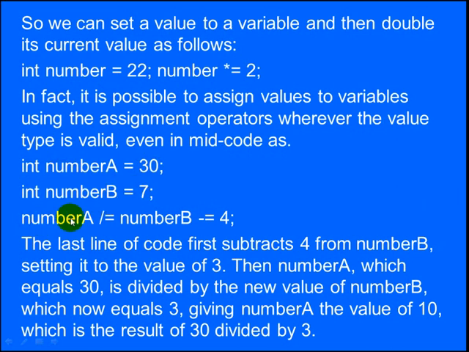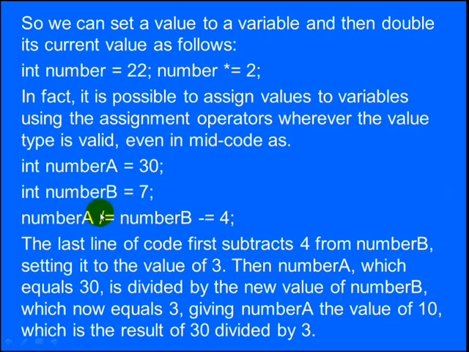Now we are writing number a slash equals number b minus equals 4. First, this expression is evaluated: number b minus equals 4 means subtract 4 from the current value of number b and assign it to number b, meaning 7 minus 4 equals 3. So the value of number b is 3.